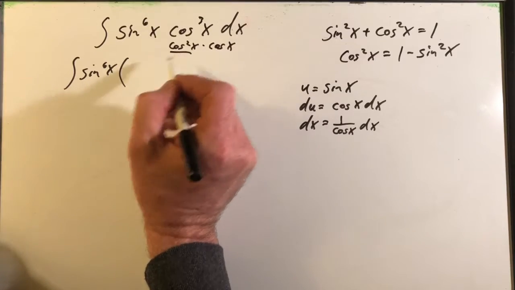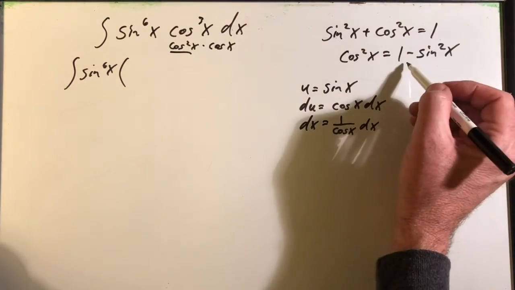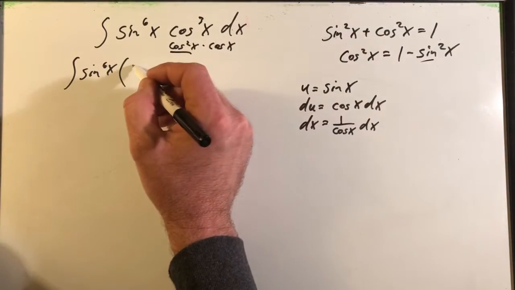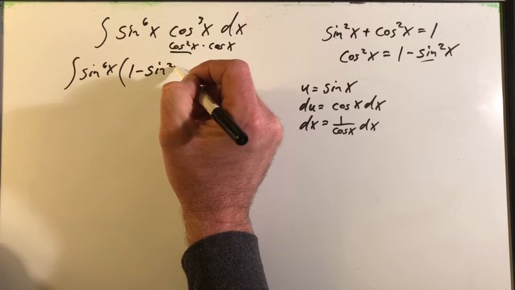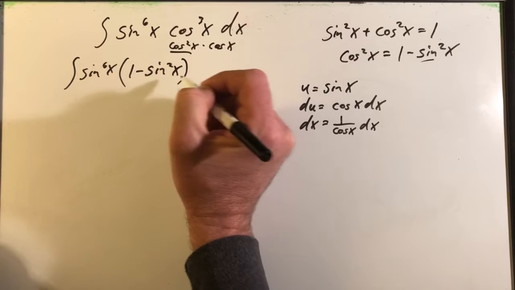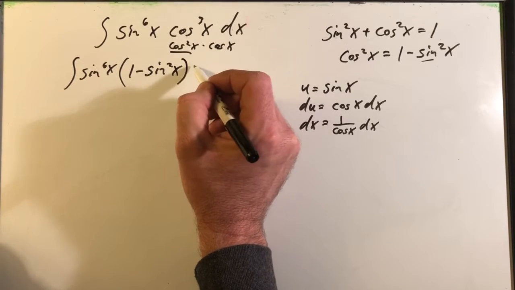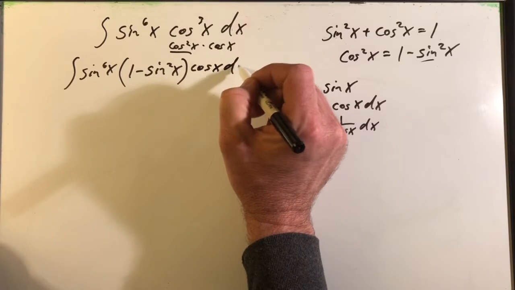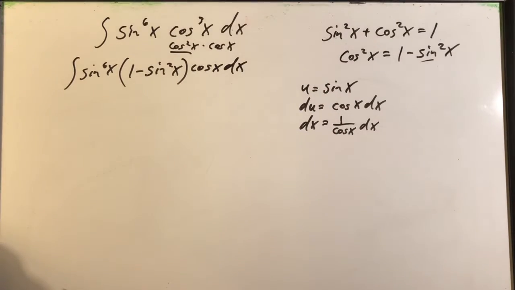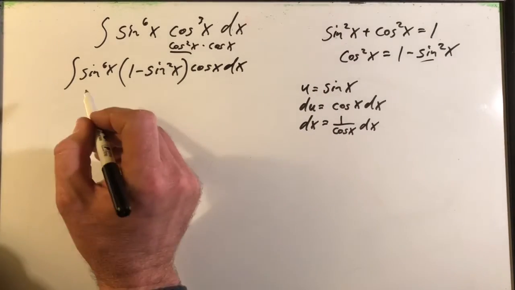So this first one here, I'm going to change to 1 minus sine squared x. And then my other cosine will just have to be lingering here. So no problem, right?